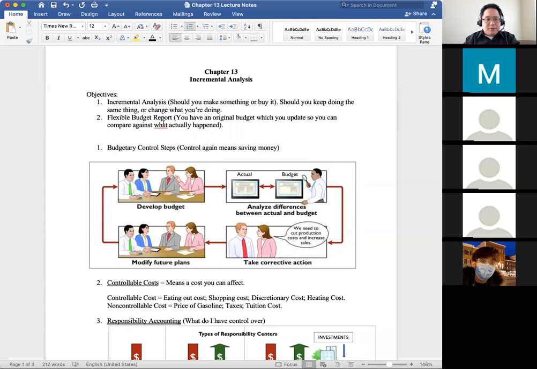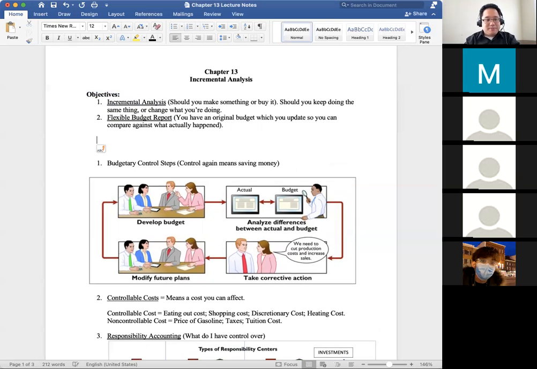Okay, so for example, with a flexible budget report, let's say that you have a budget for like a trip to Hawaii, right? That's called a static budget. That's called your original budget.